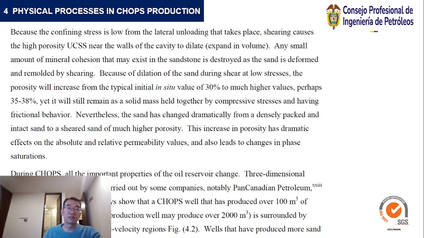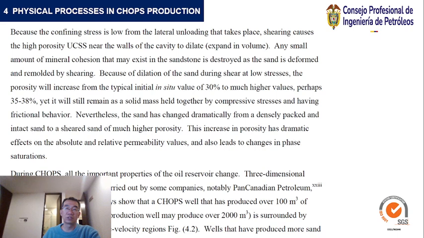Because the confining stress is low from the lateral unloading that takes place, shearing causes the high porosity sand near the walls of the cavity to dilate. Any small amount of mineral cohesion that may exist in the sandstone is destroyed as the sand is deformed and remolded by shearing.